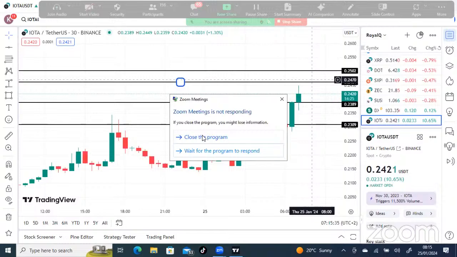I think I've stopped sharing. It is too risky, because you are trading depending on the momentum of the market. Let me see if I'm back.